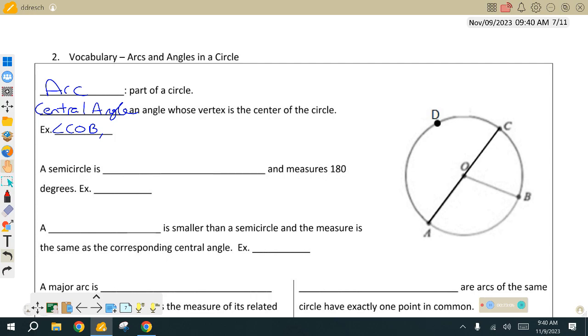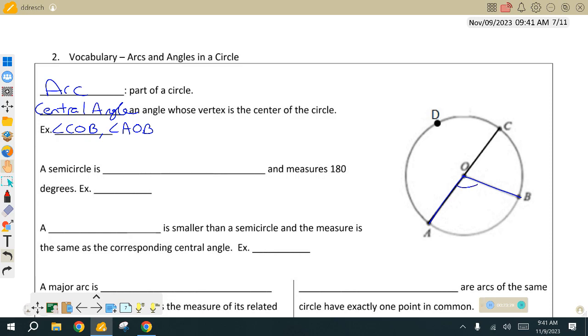We can reverse it as well. That's another central angle, AOB. I keep writing my B's weird. Those are what we call central angles, because the vertex is at the center, and what we've done here is highlight the central angle.